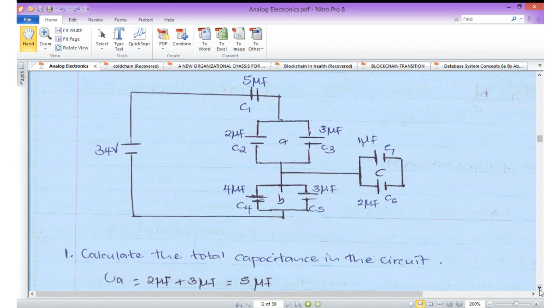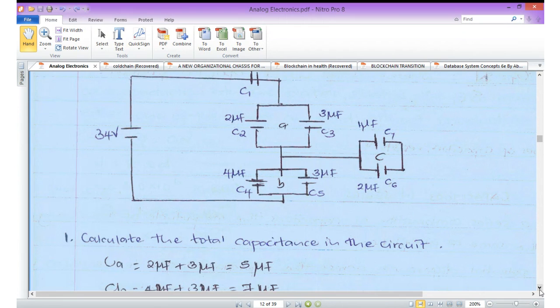We can begin by looking at the smaller circuits. We can look at circuit A and determine the relationship between C2 and C3.